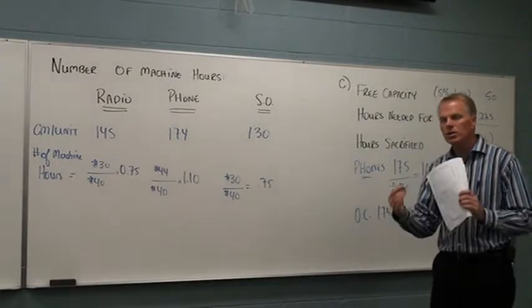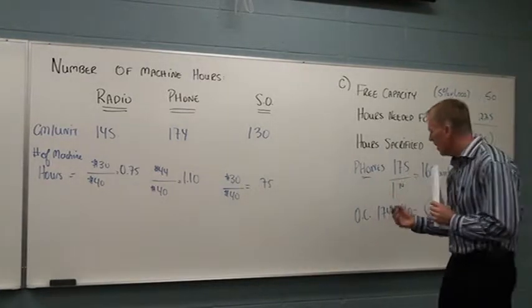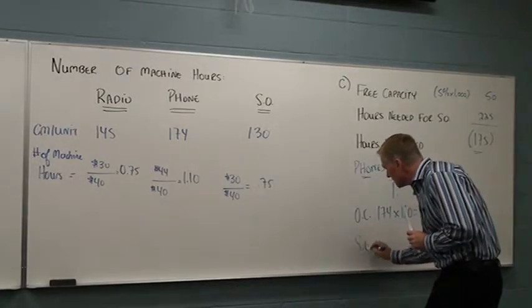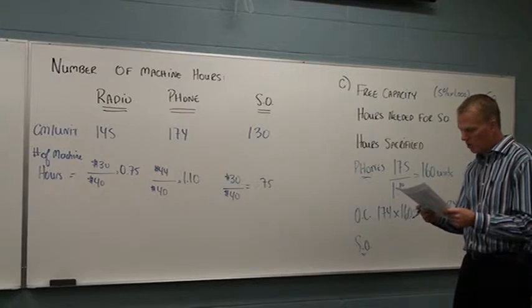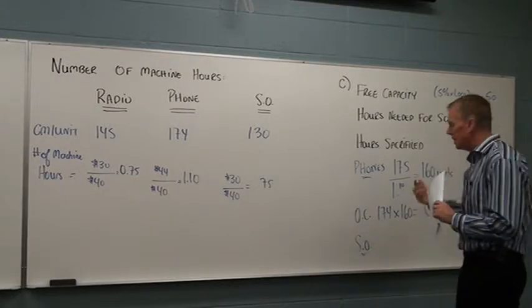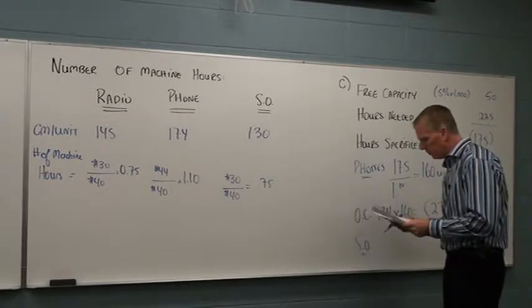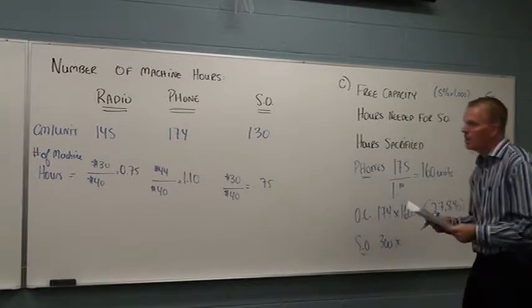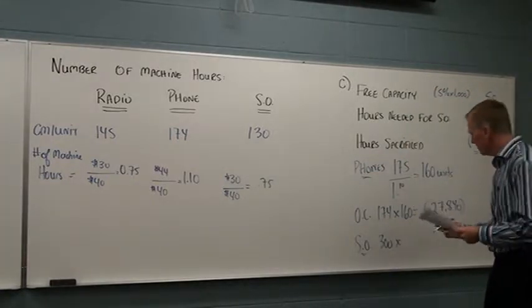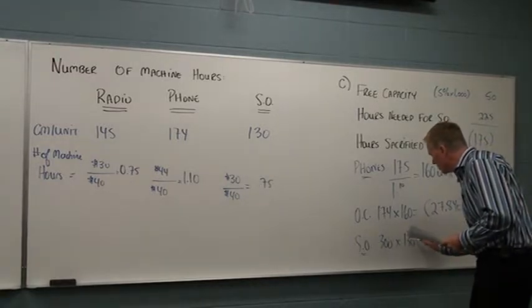But what are we going to offset that with? Well, we're going to offset that with our special order. And our special order allows us to sell 300 units at a contribution margin of $130 per unit.